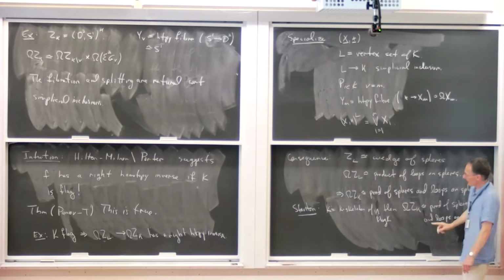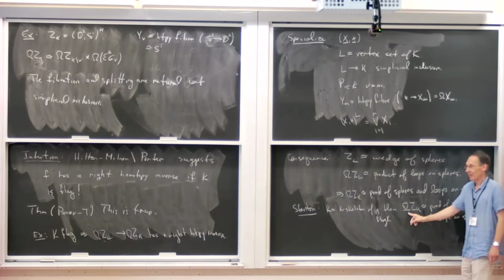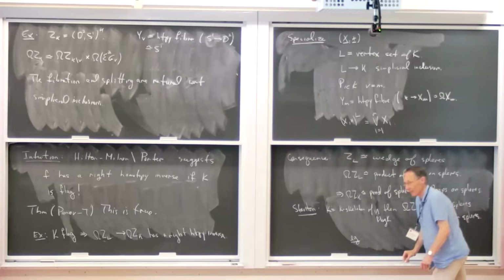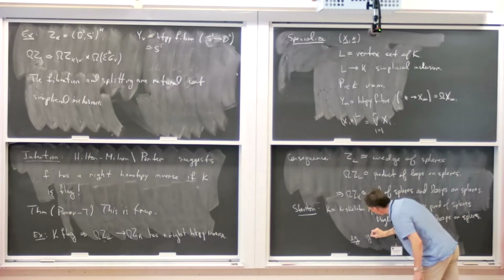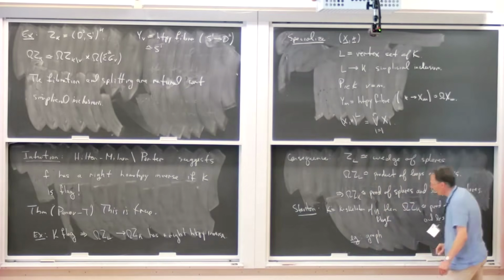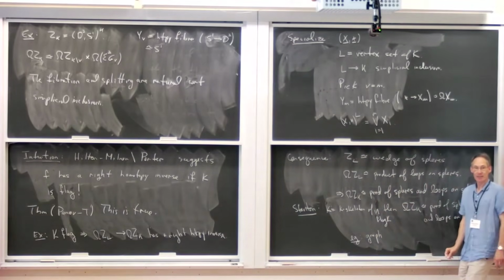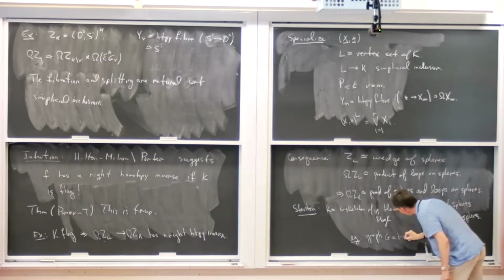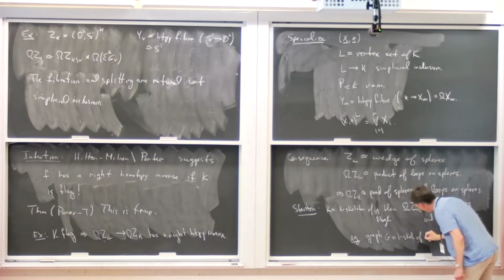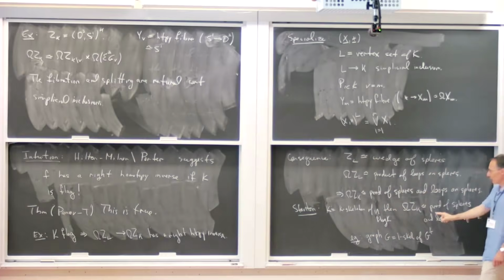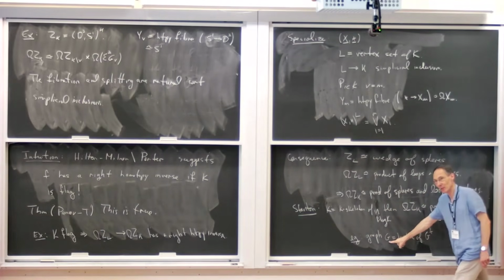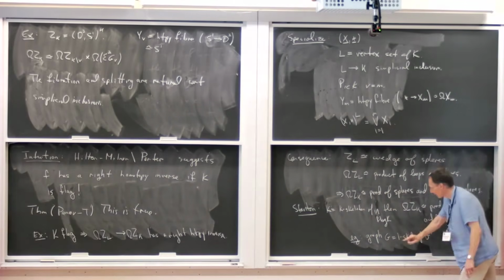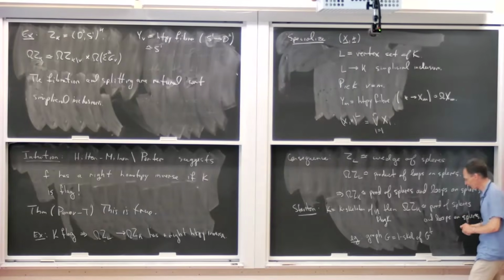And in particular, if you had a graph and you thought of it as the one skeleton of its flagification, then you could apply this theorem to show that the loop of the moment angle complex for that graph broke up as a product of spheres and loops on spheres.